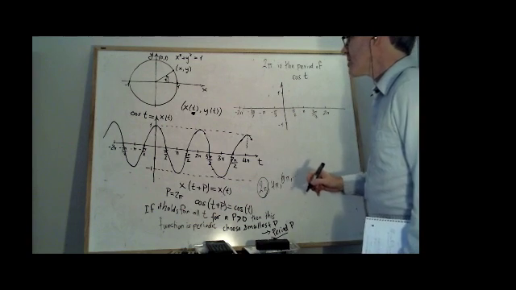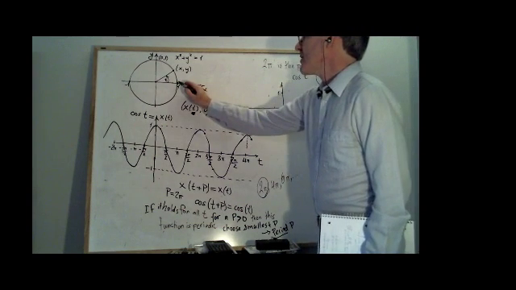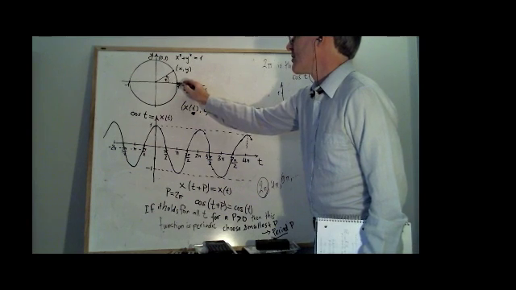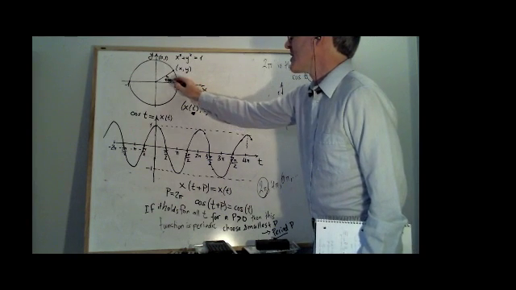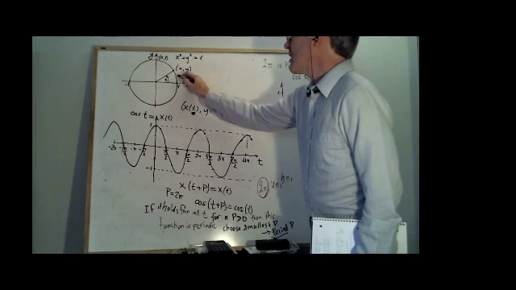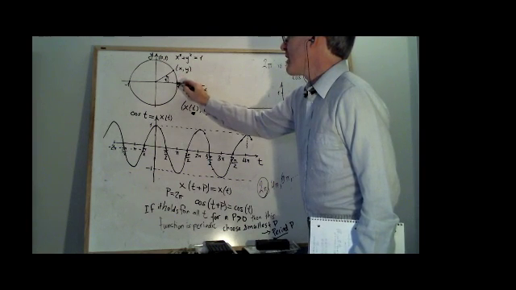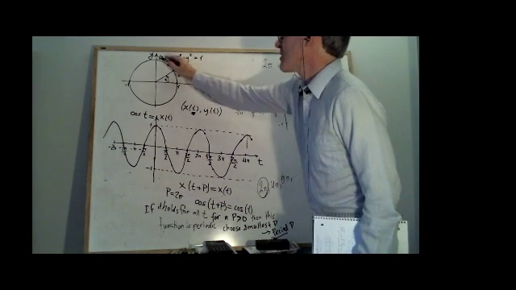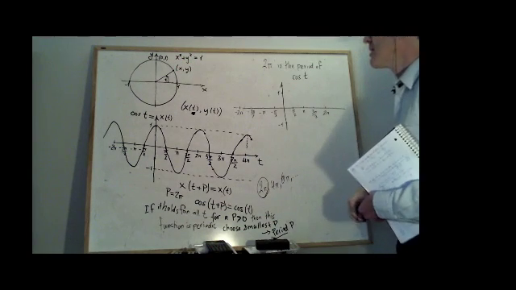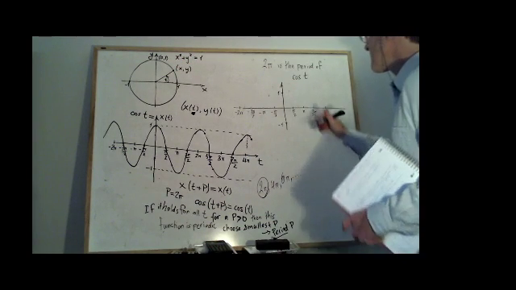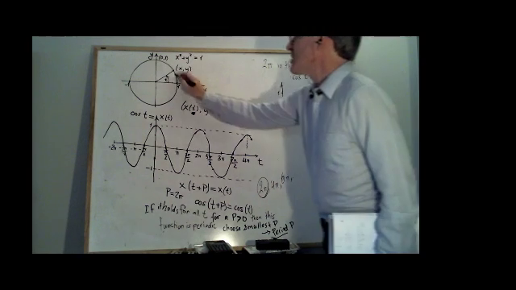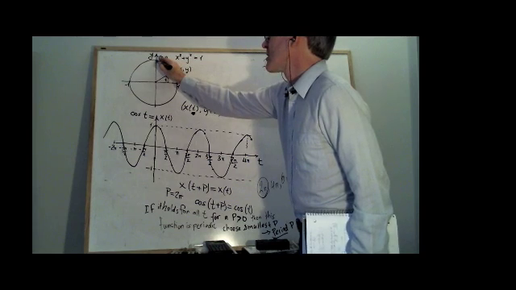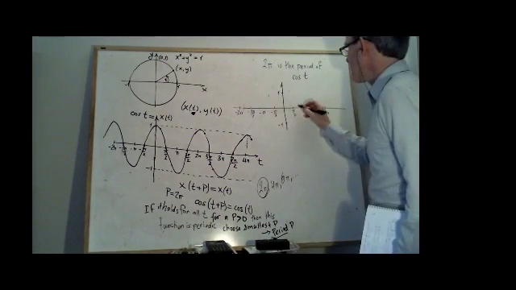Now this function starts off at 0, because we're looking at the y-coordinate now. When t is 0, the point starts here. And when t increases, the y value, the y coordinate, also increases. So that will be an increasing function from 0. Then it will reach the value 1, the y component will be 1, when the point goes through the y-axis.